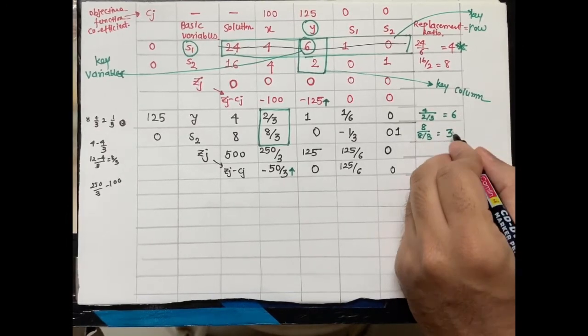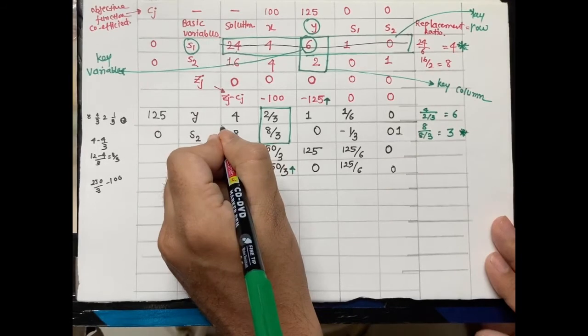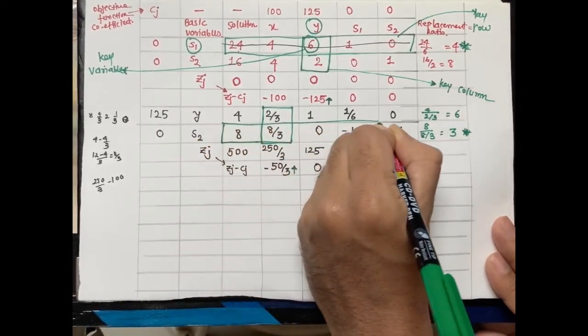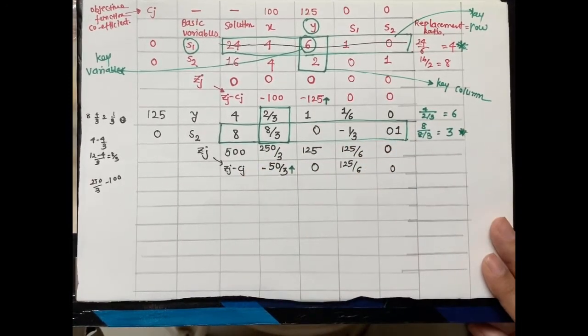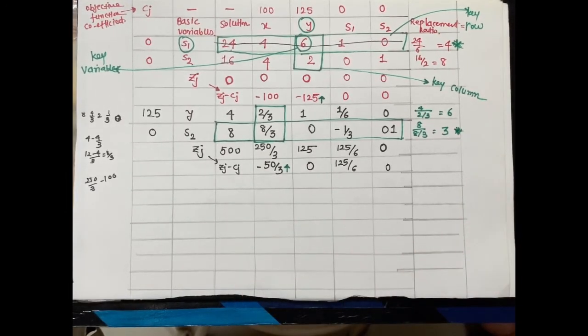So we know that among these two, this one value is relatively lesser. So this will become my key row, and this is my key element. Here ends our second iteration. Now I have to perform the third iteration.